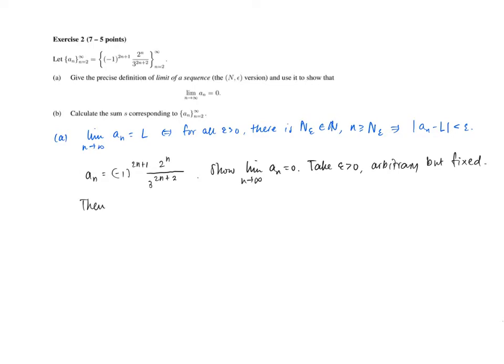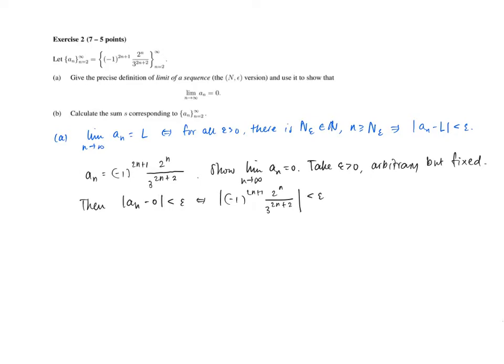What do we know? Well, at least the difference of an minus 0, in absolute value, smaller than epsilon, is equivalent with the statement that, well, just plug in the formula we have for an.